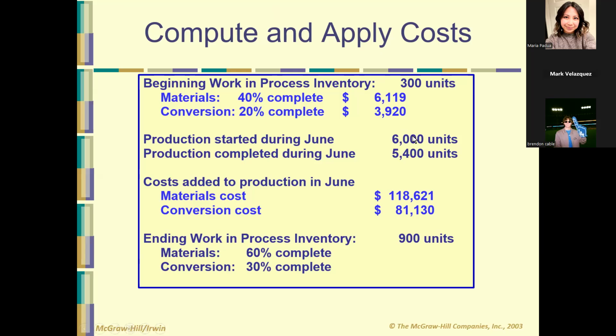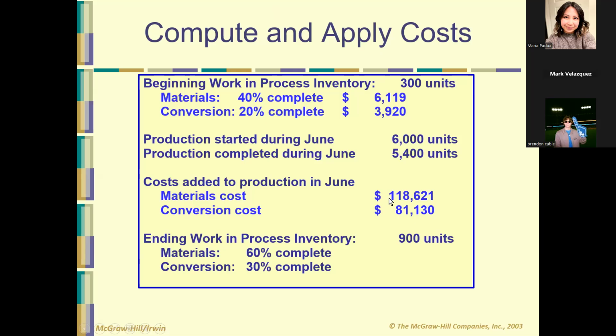During the month, they started 6,000 units. Those are the items transferred in. They were at 0% complete. How much money did they spend completing those items? And they're giving it to you right here.